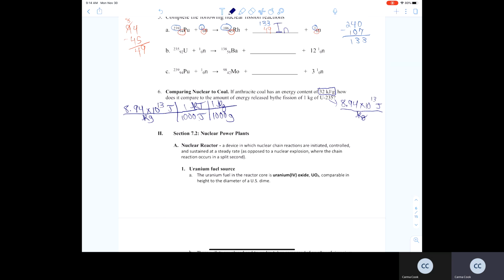So now the joules are gone, the kilograms are gone. So now we can convert this into kilojoules per gram and then do a comparison of this fission energy with the burning of coal energy, which is 32 kilojoules per gram.